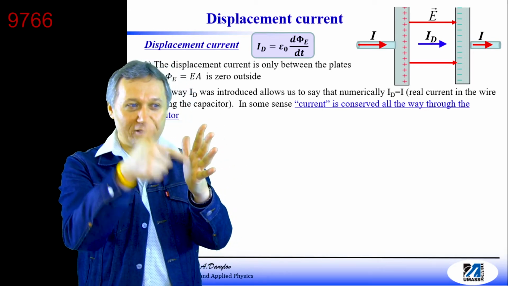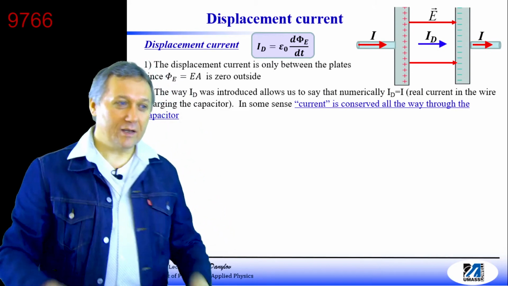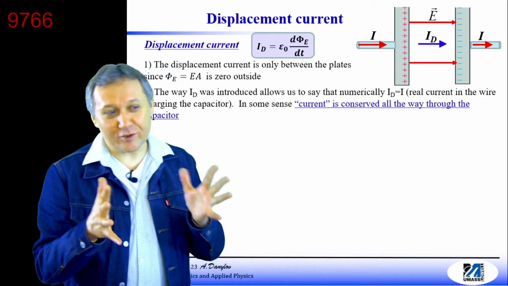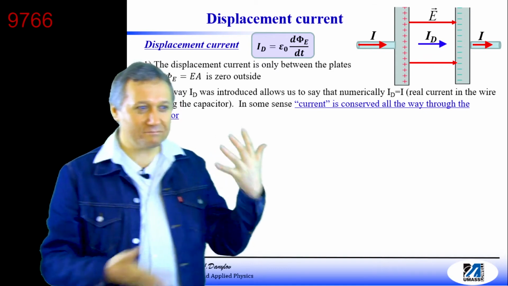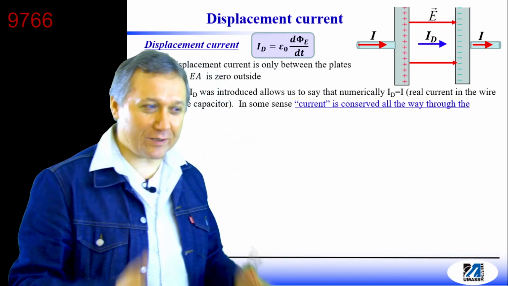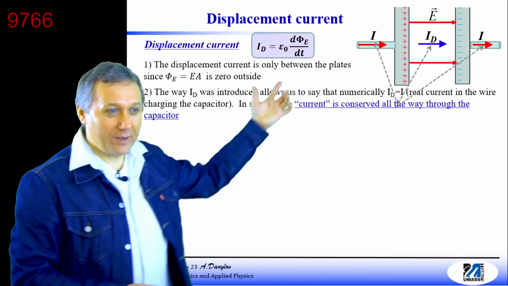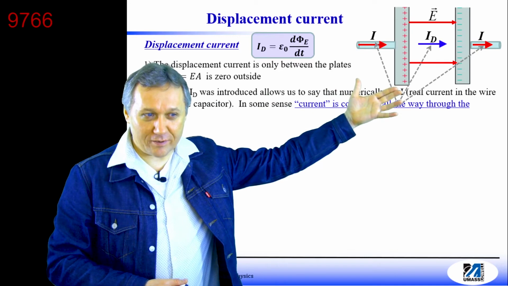Between the plates of the capacitor, there was no current. And outside of the capacitor, we had again that current I. So strictly speaking, back then, we didn't have a true conservation of current if you had a capacitor. But now we have a true conservation of current, even if you have a capacitor.